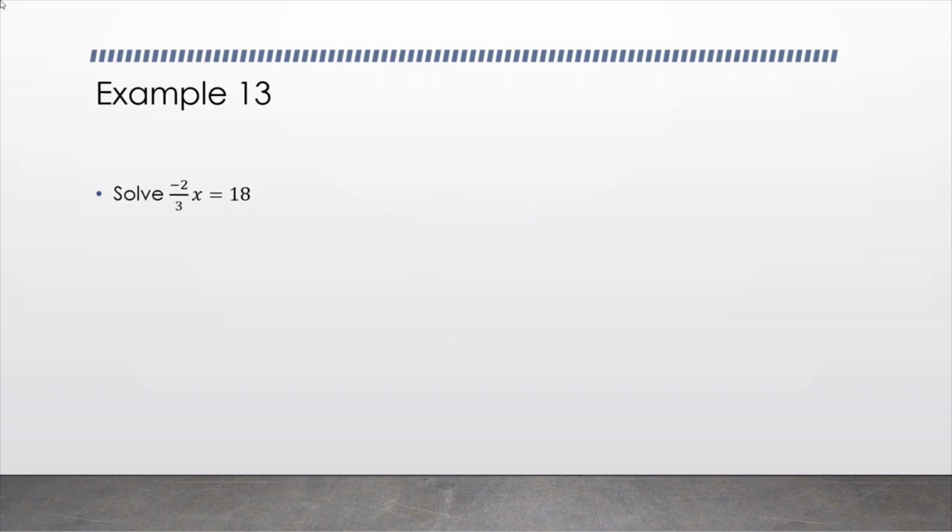Let's look at another example. I'm going to center this a little bit. Now notice what's in front of the x is a negative 2/3. You have a fraction in front of there. If you divide both sides by a fraction, it's going to be really complicated. But what you can do instead is multiply both sides by the reciprocal. So the reciprocal of negative 2/3, you just flip it. So you would multiply both sides by negative 3/2. And remember, whatever you do on one side, you do to the other side.